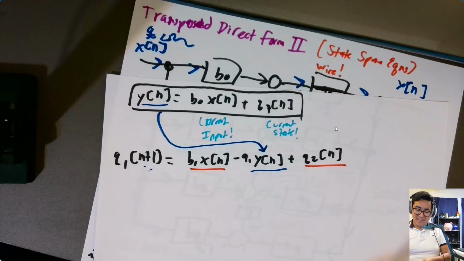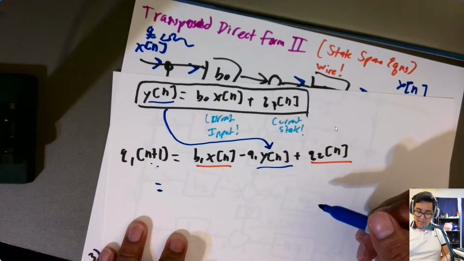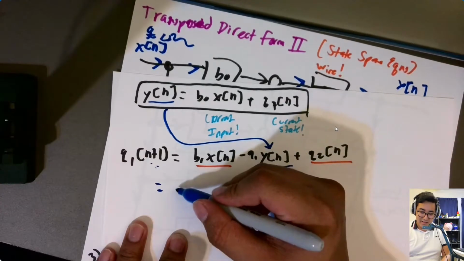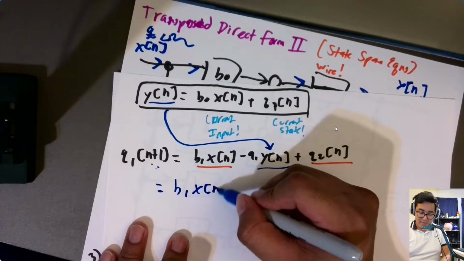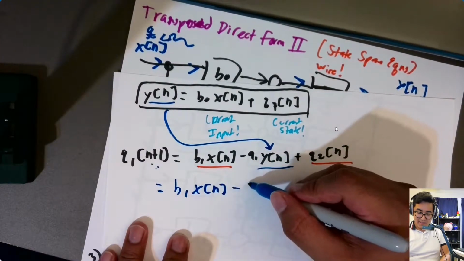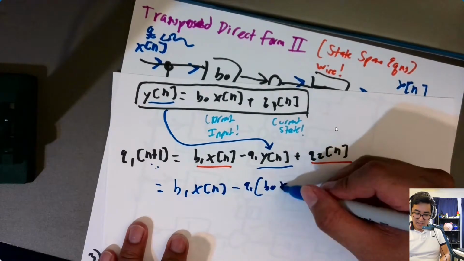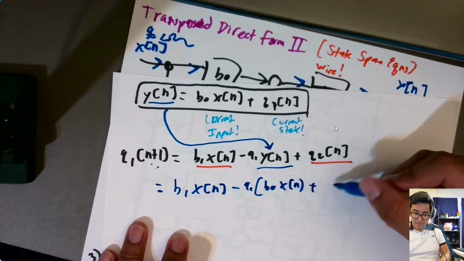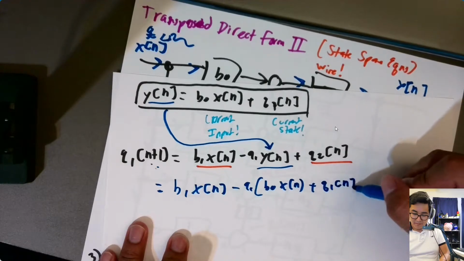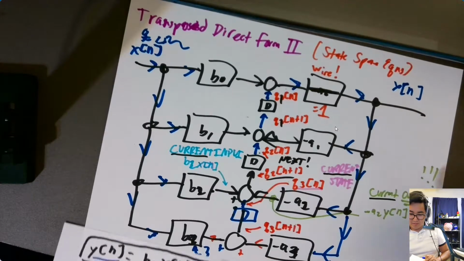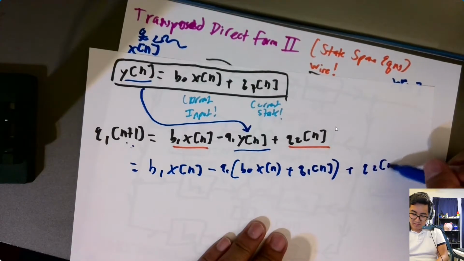So what we're going to do is a quick substitution, which is equal to, let's try this. b of 1 x of n minus a of 1 b of 0 x of n plus q of 1 of n, and hopefully this doesn't bleed through the paper, plus q2 of n.